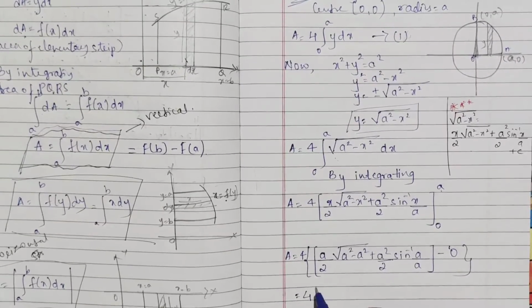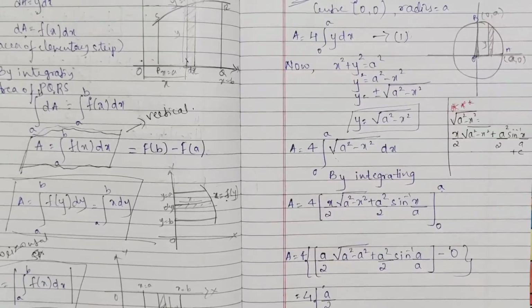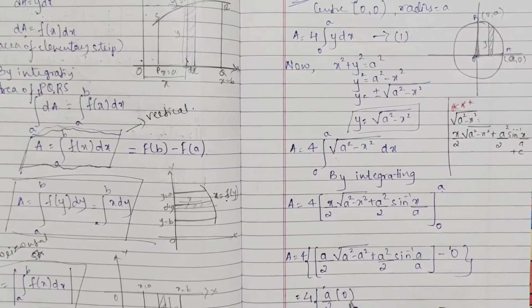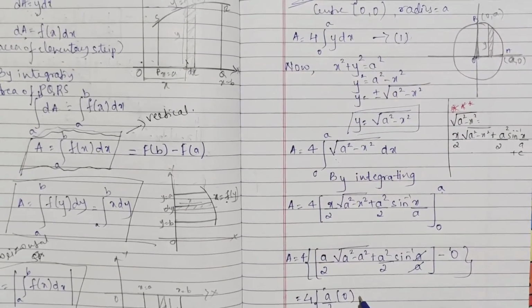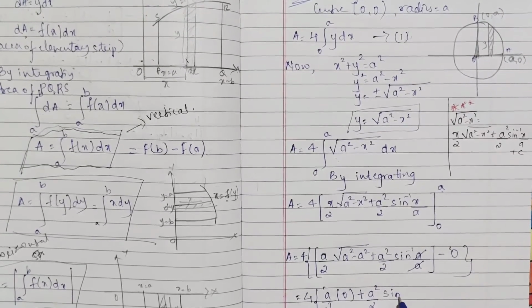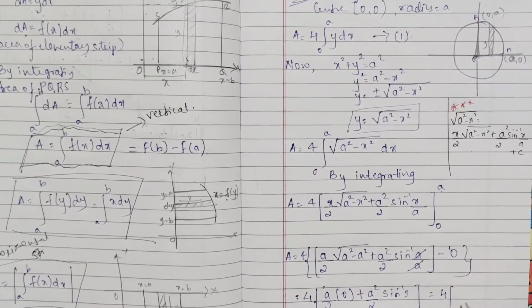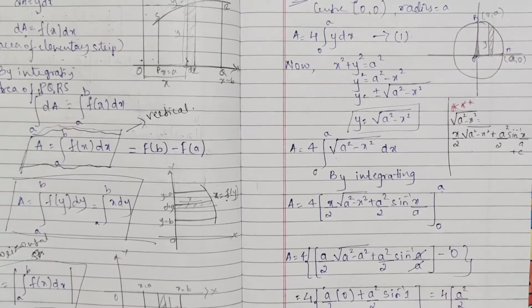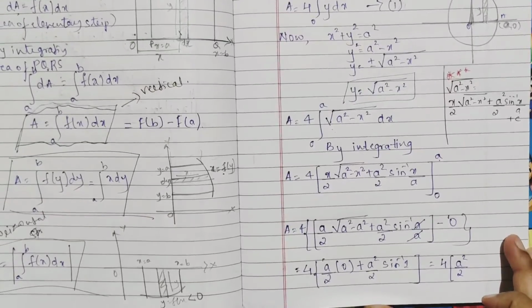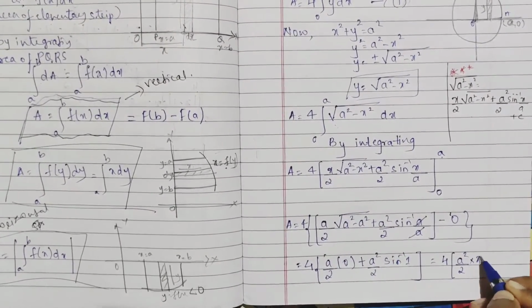Now 4, and you have a by 2 root of a square minus a square, which is 0, plus a square by 2 sine inverse 1. Sine inverse 1 means pi by 2, right?